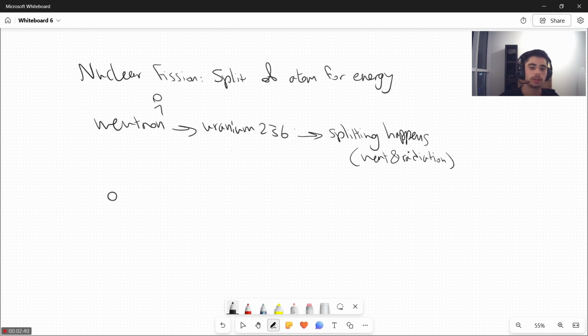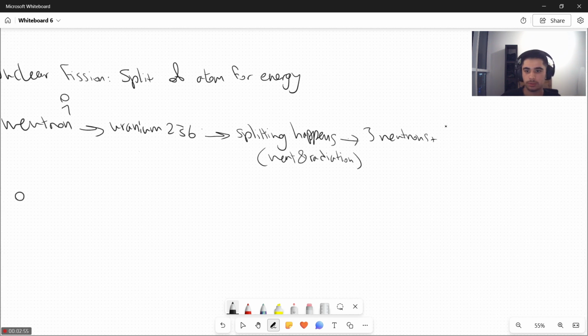So that's one thing. And after the splitting happens, it's simple. It's just 3 neutrons plus the daughter nuclei, which in our case, if it's uranium-236, is going to be krypton-92 plus Ba-141.